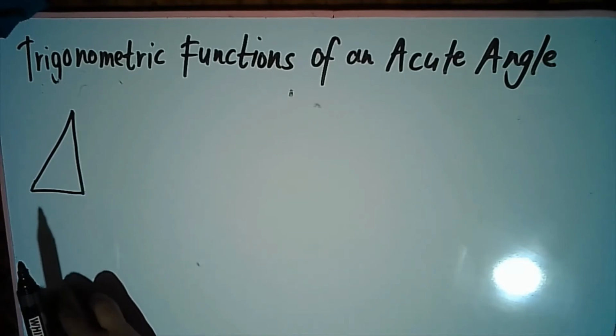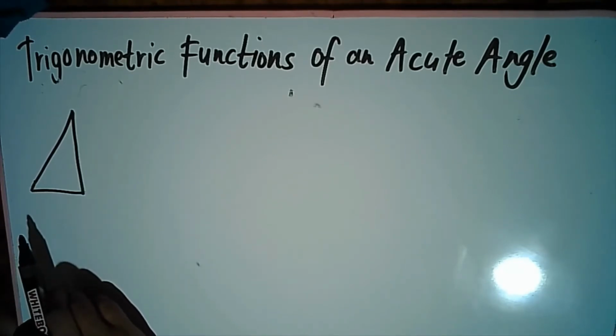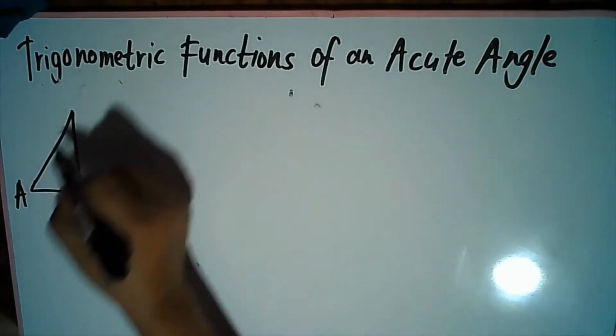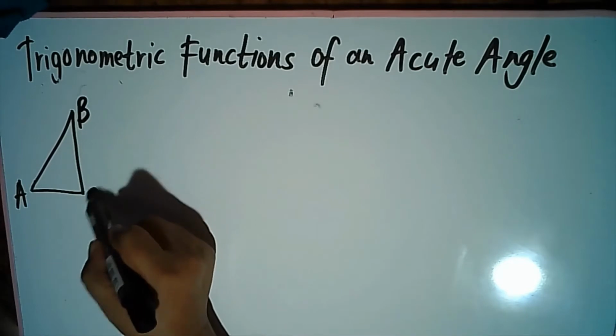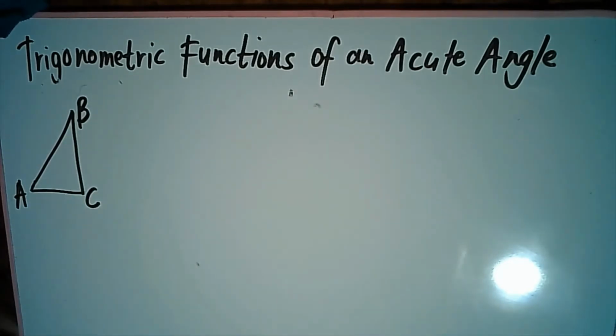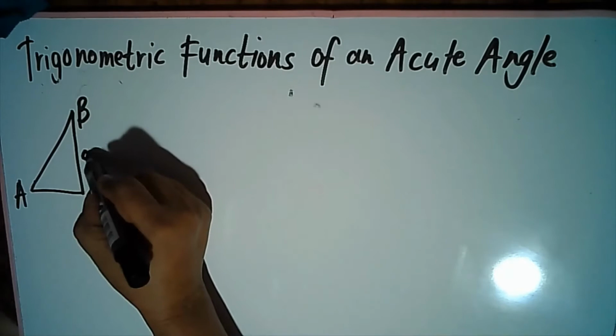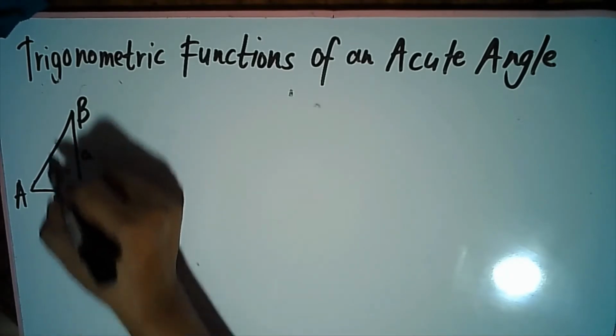Let's consider this right triangle. The angles of the right triangle are denoted by the capital letters A, B, and C, while the sides of the right triangle are denoted by the small letters a, b, and c.